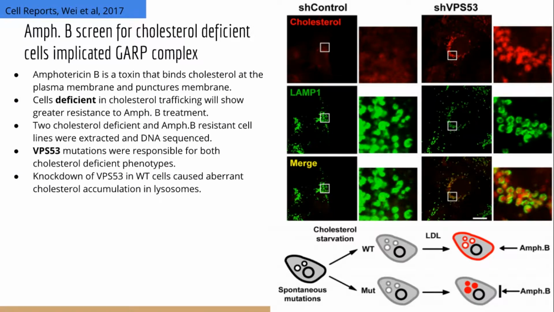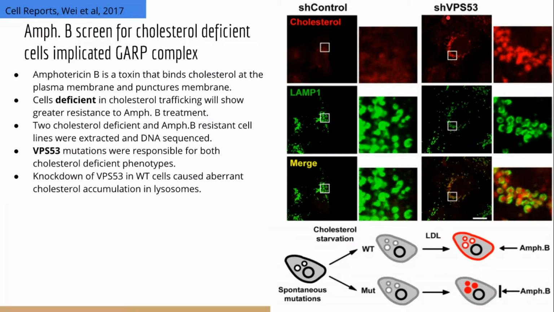So cells with less cholesterol at the membrane or no cholesterol will be resistant to amphotericin B. Two amphotericin B mutants were identified. They were then sequenced by whole genome sequencing, and both mutants had mutations that were traced back to a protein called VPS53 of the trans-Golgi localized GARP complex.